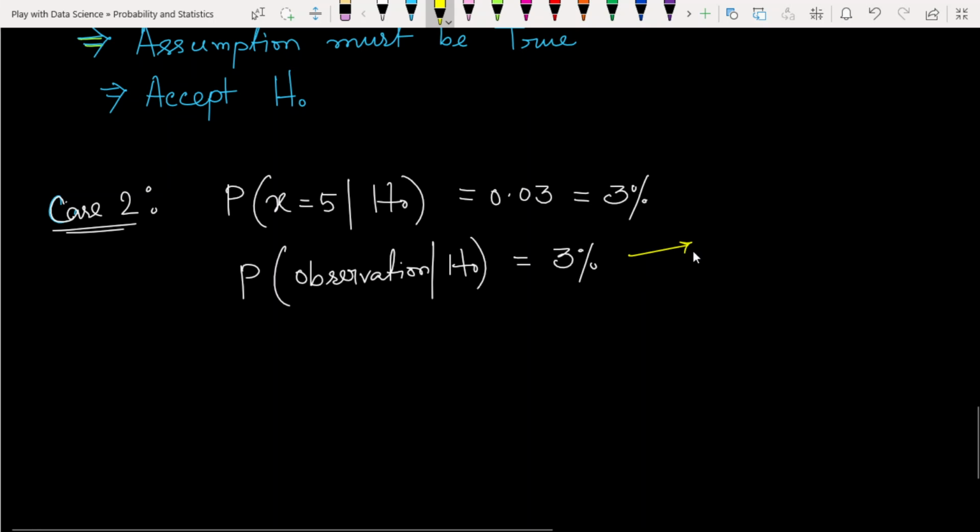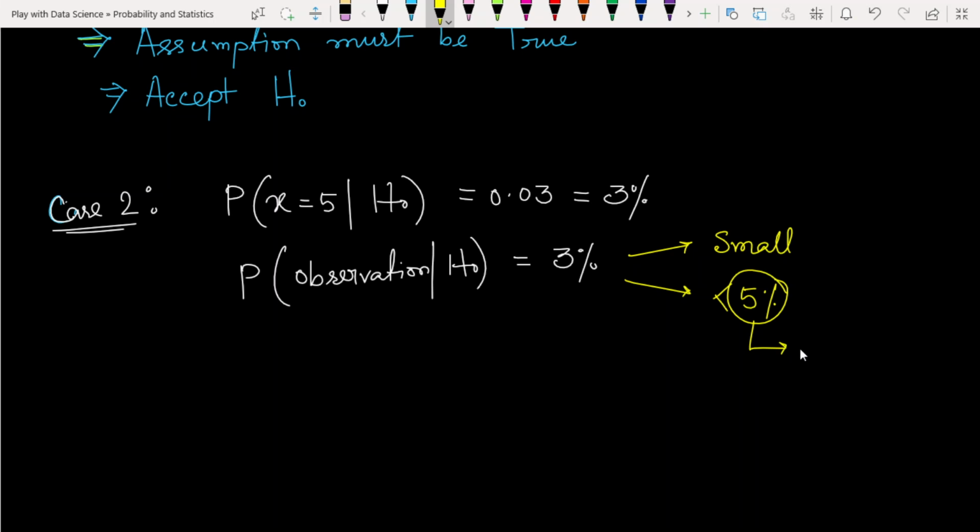This 3% is a small value, and small means less than our significance level. 5% is our significance level, and 3% is less than the significance level. This is the sample p value that we have.